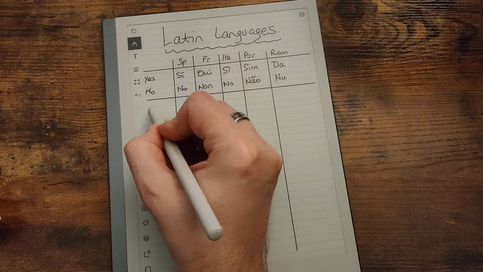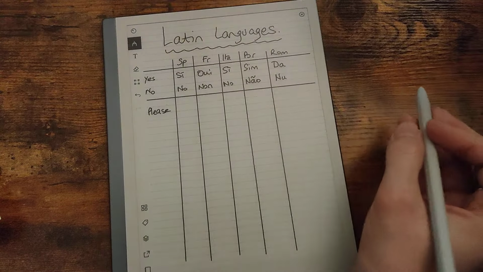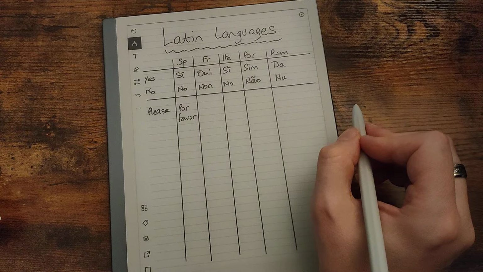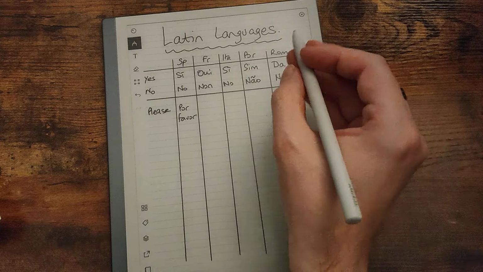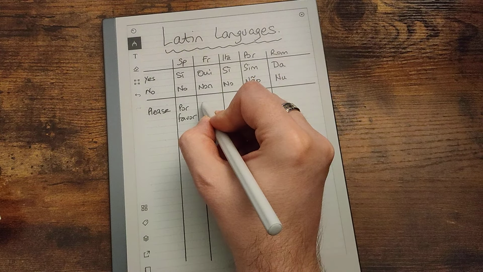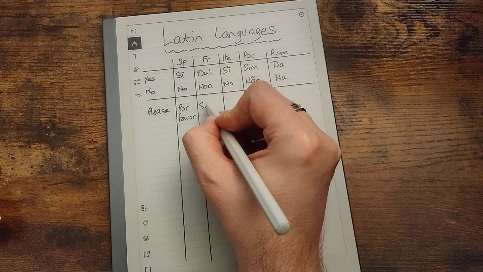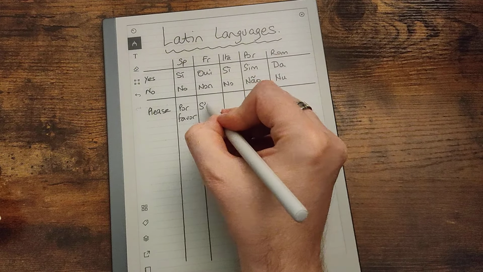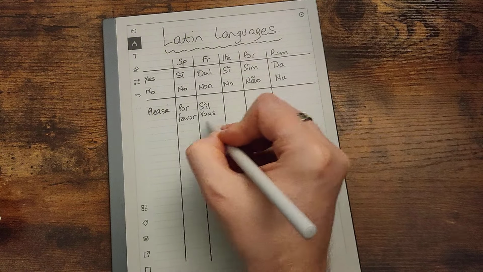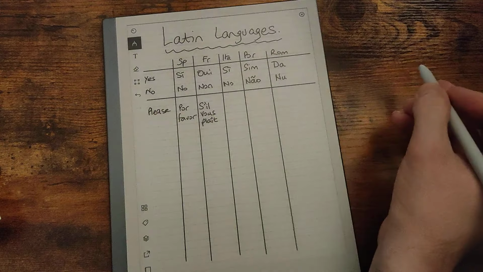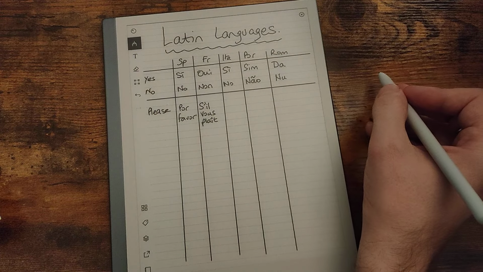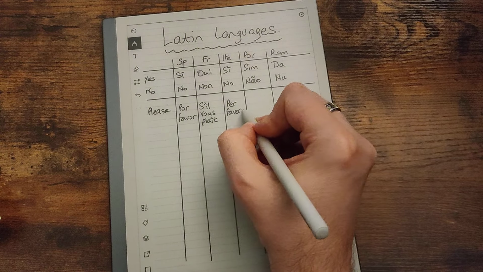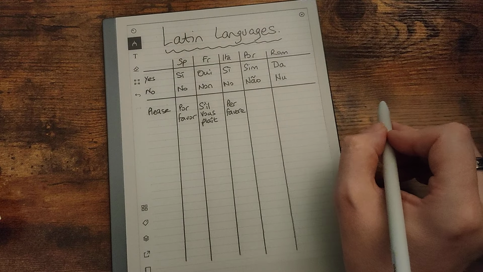Next one is please. So in Spanish we say por favor. As a favor, por favor. French is quite different in this respect because we say s'il vous plaît. Literally, if it pleases you. In Italian, we say per favore.